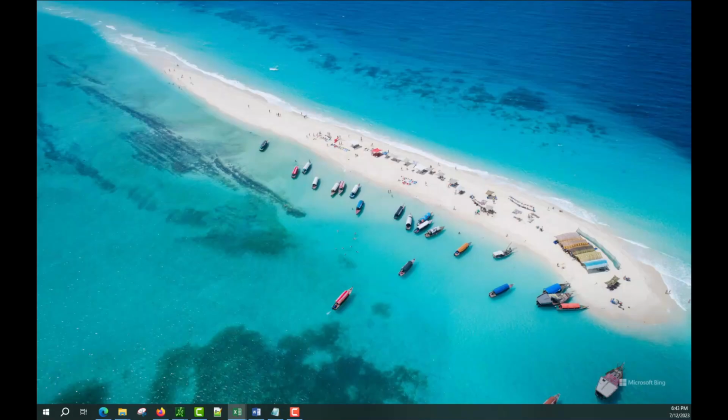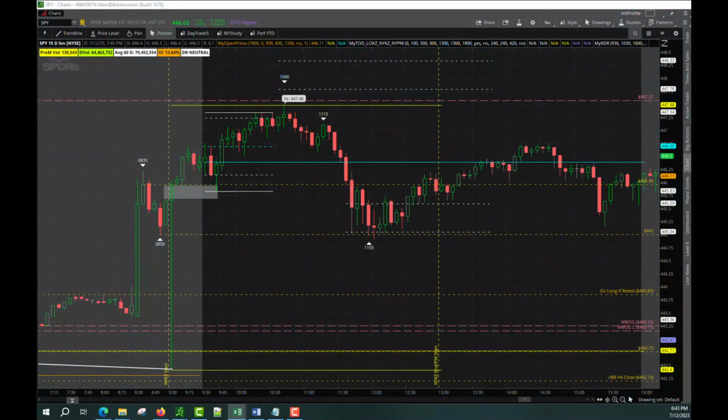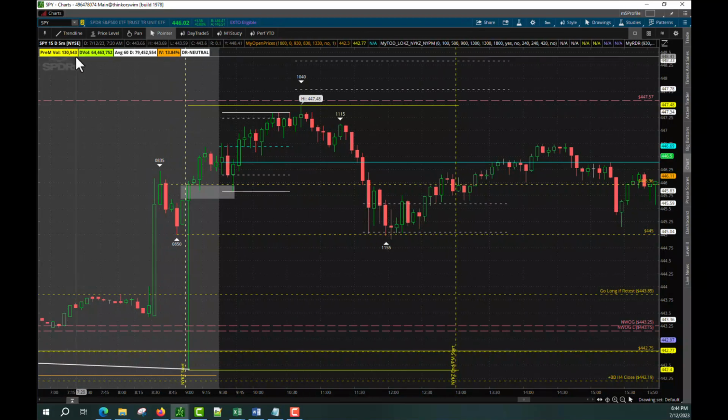Oh man, I have a hard time finding my 5-minute time frame. Okay, right here. You see the volume for today is 64 million shares, almost exactly like yesterday, 64,463,752.